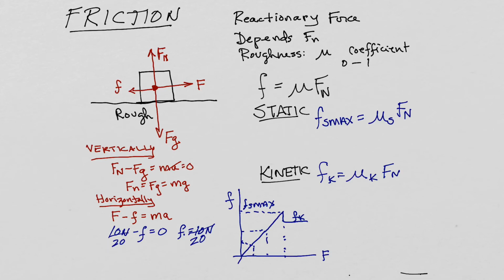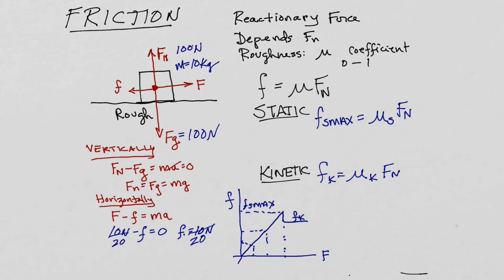So, let's take some numbers. Let's say our mass here is 10 kilograms. And let's assume g is 10 instead of 9.8. That would mean that the weight is 100 newtons, and the normal force is 100 newtons.